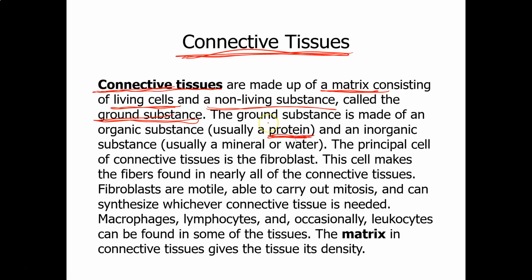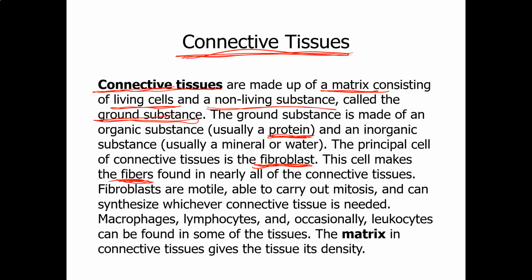The ground substance and the protein fibers together form the matrix. The primary cell of connective tissues is the fibroblast, and it produces those protein fibers. It makes fibers like collagen, elastin, and reticular fibers.